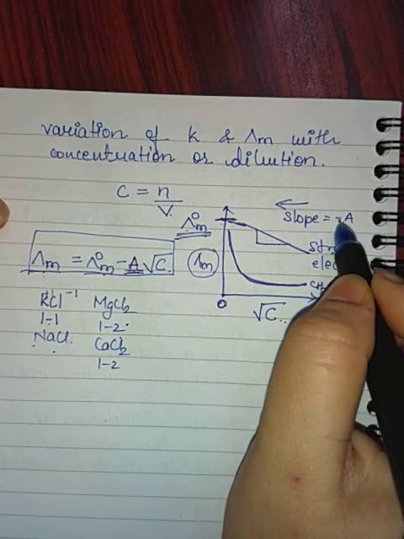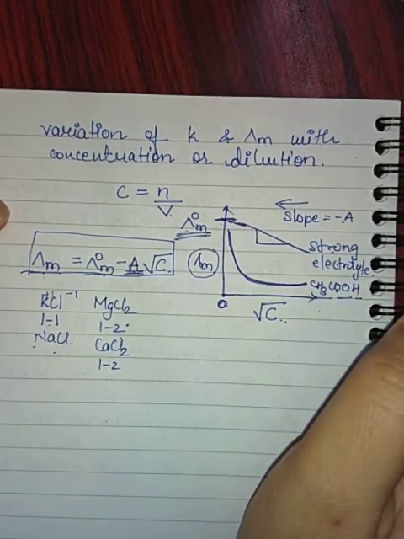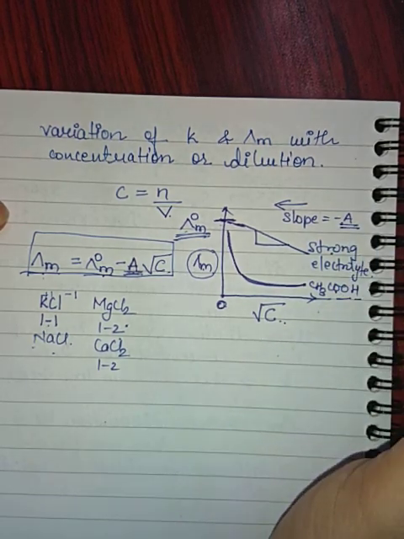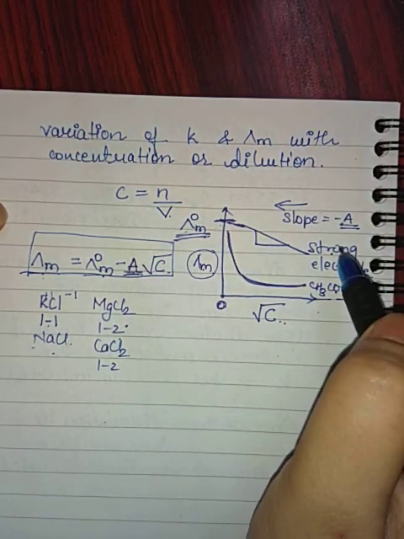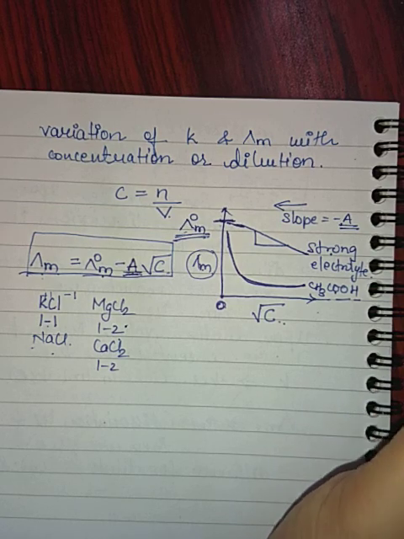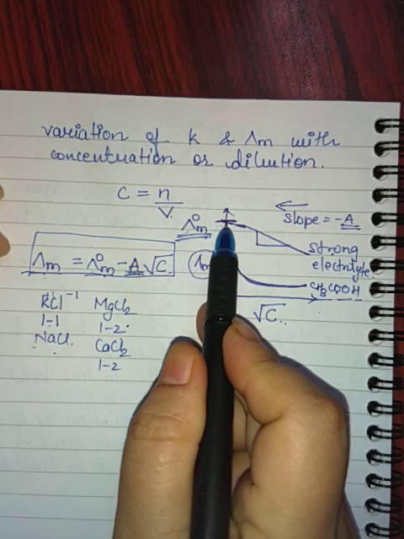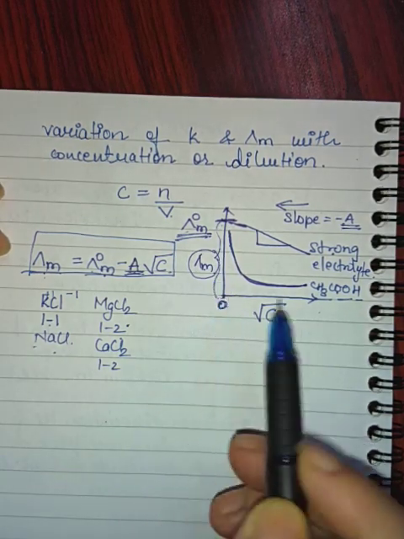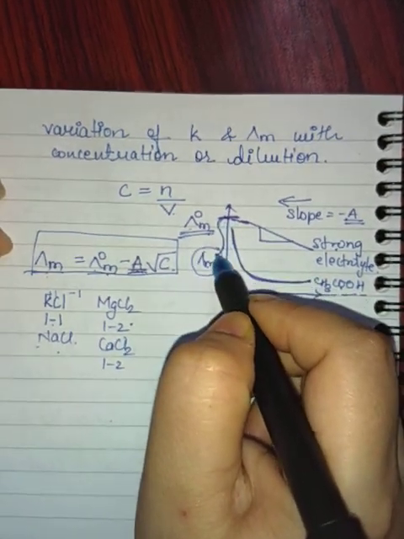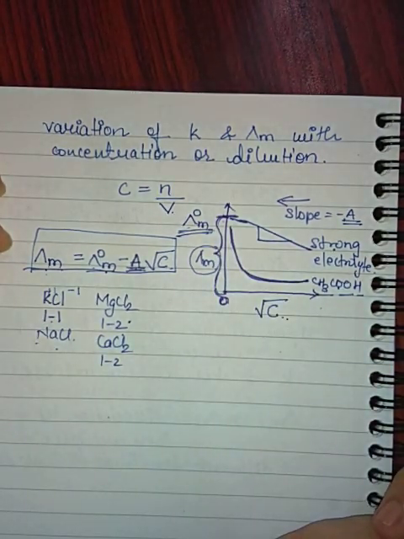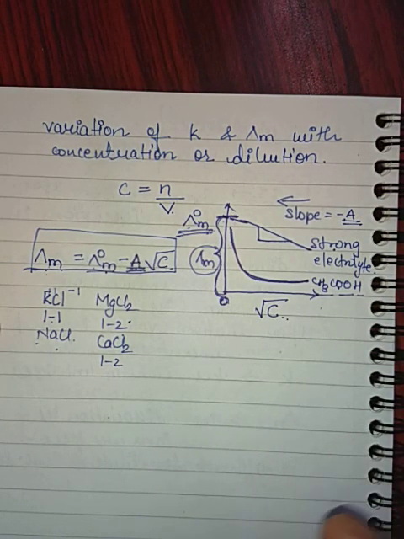Minus, minus will get cancelled. So whatever slope you are getting, that will be the value of A. This is how we get the value of A. Okay. And lambda naught m will be the intercept present on the y-axis. This value will be lambda naught m. So hope you got this.